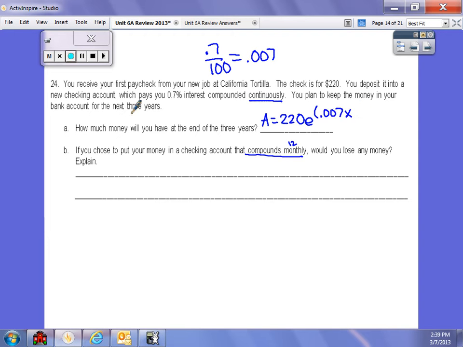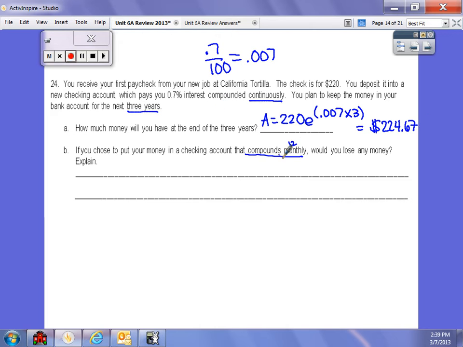And they want you to keep it in for 3 years. So you wind up having $224.67.